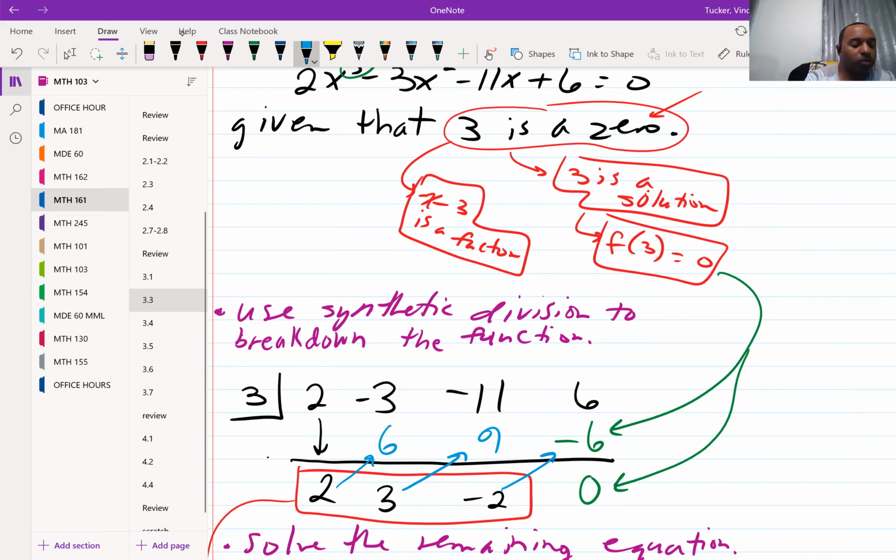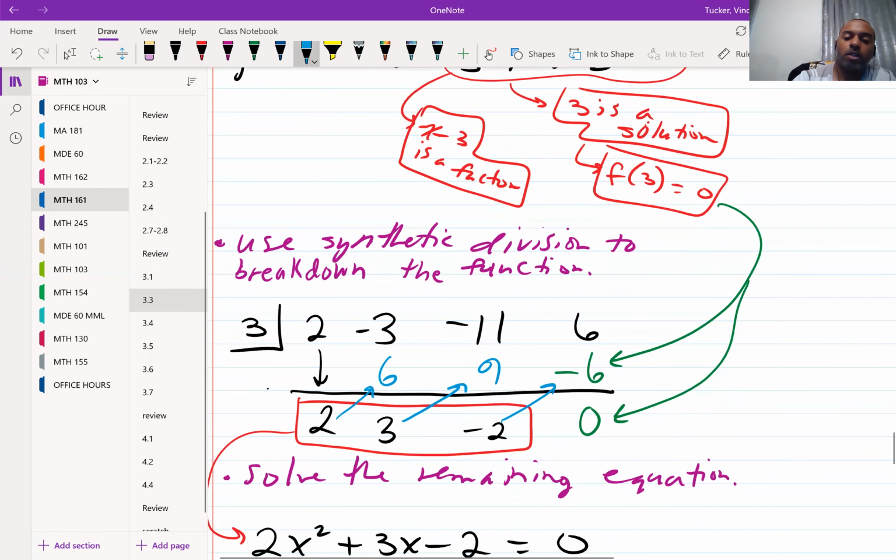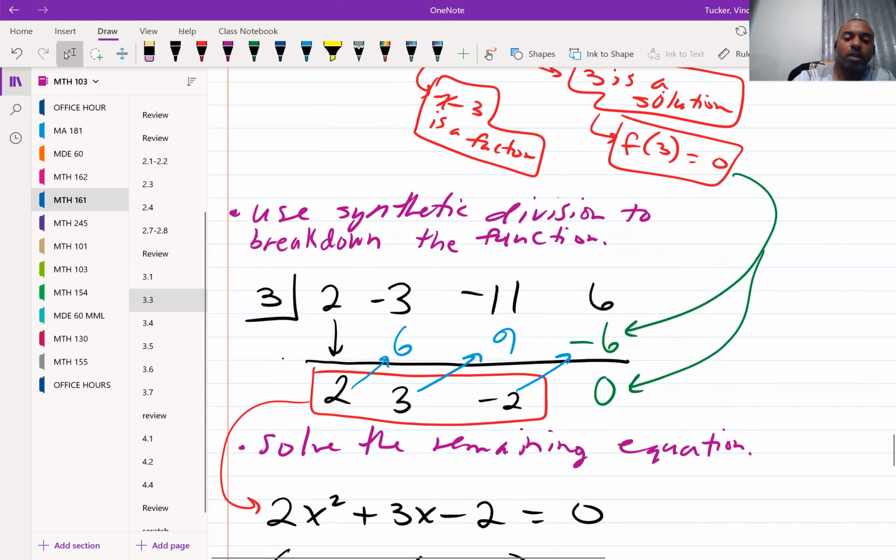All right. Questions before we go to the next step? So we're going to solve the remaining equation. So we have 2x squared plus 3x minus 2 equal to 0.